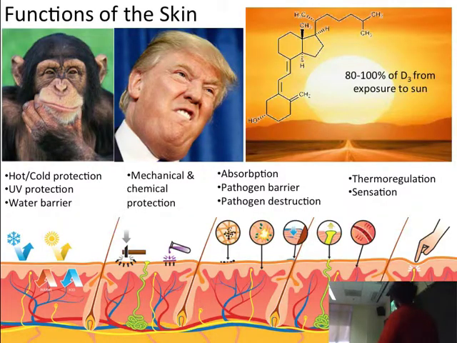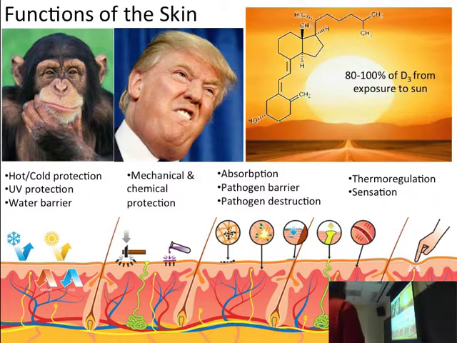All right, functions of the skin. It has hot and cold protection. It protects you from thermal damage, from damage from the sun. It acts as a water barrier, with mechanical and chemical protection. You do absorb sunlight through it.